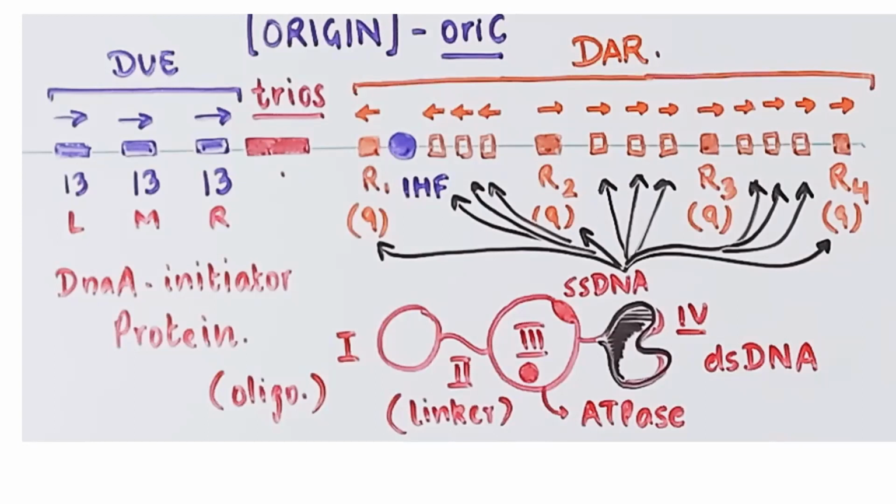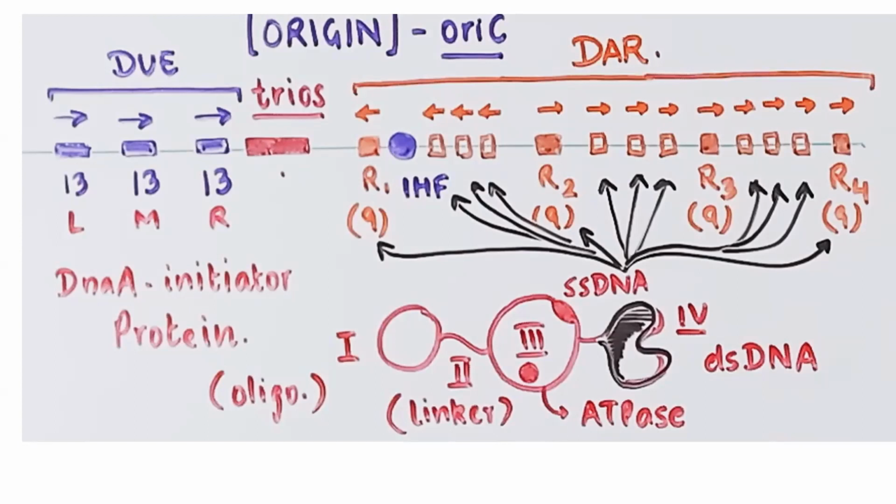The second main thing that we need to recall is the DnaA initiator protein. In the second picture you can see the DnaA initiator protein, and it has four important domains. Domain 1 forms oligomers, domain 2 is a flexible linker, domain 3 can bind single-stranded DNA and is also an ATPase activity domain, and finally domain 4 binds double-stranded DNA.